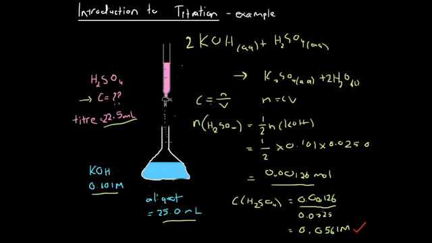Then using this answer in conjunction with the volume of the titer, we figured out the concentration of the titer. That is how we can use volumetric analysis in the form of titration to calculate the concentration of a solution with an unknown concentration, using another solution which was a primary standard solution.